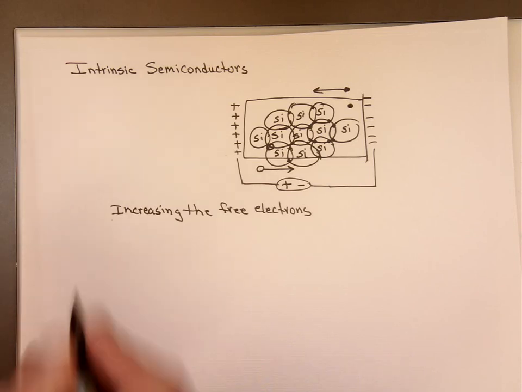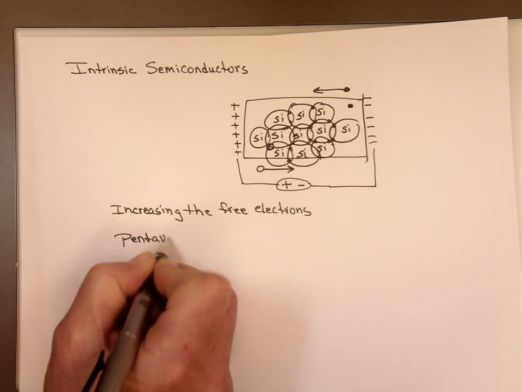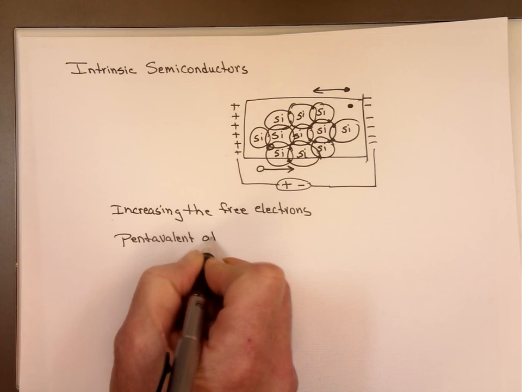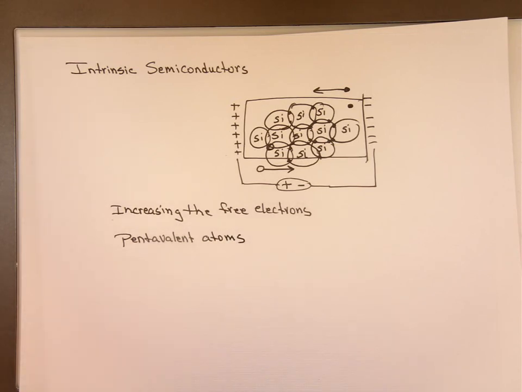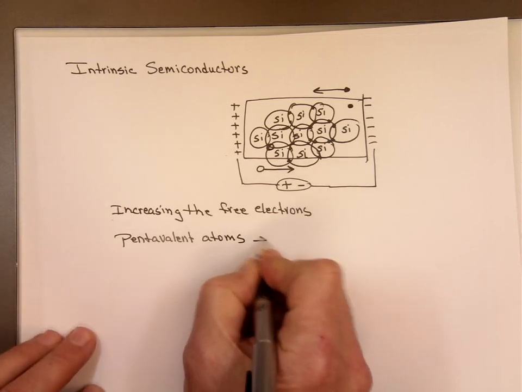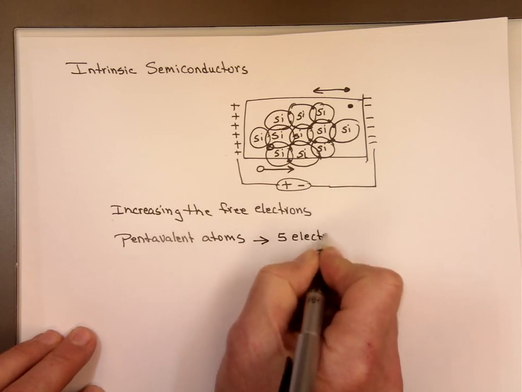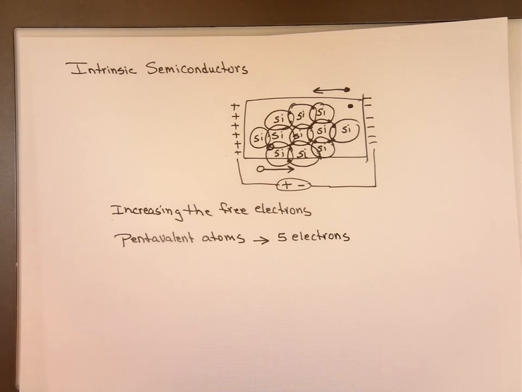What are pentavalent atoms? Pentavalent atoms are atoms with 5 electrons in the valence orbit. They have 5 electrons, not 4, 5, in the valence orbit.